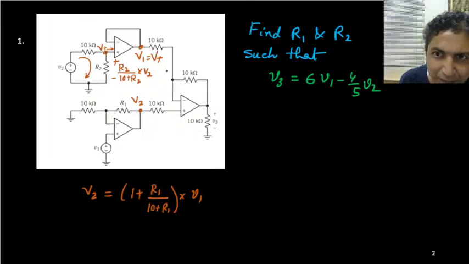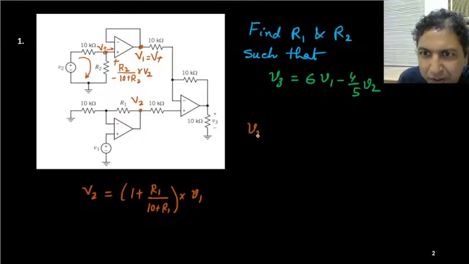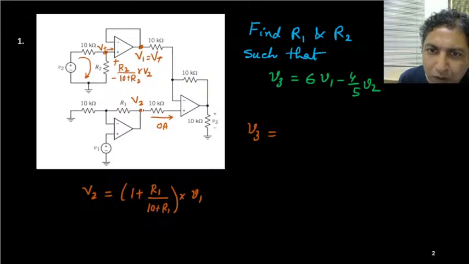So what is happening at this point V3? V3 is simply, now we will be considering this circuit. Consider that this 10K is of no use because no current is entering this side. This is 0 ampere. So this V2 will be considered as the potential at the non-inverting terminal, and V1 is the potential at the inverting terminal here.